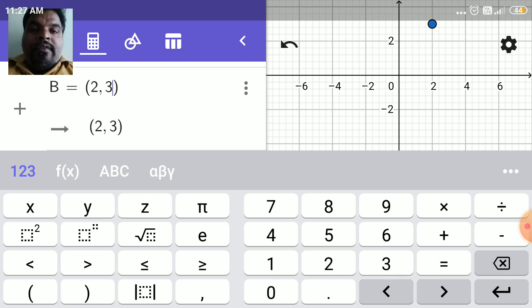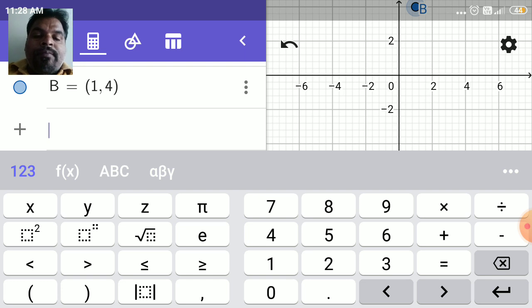The second point is 1 comma 4, and then next input the third solution of the first equation.